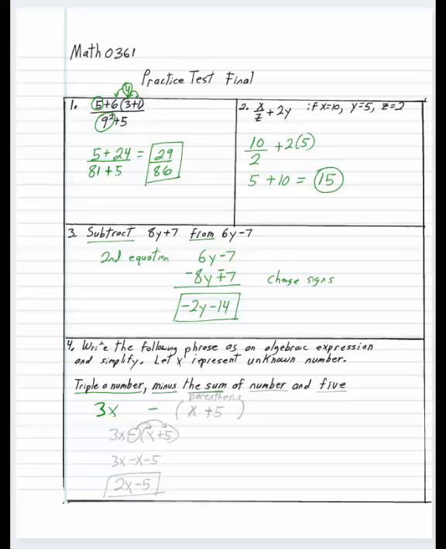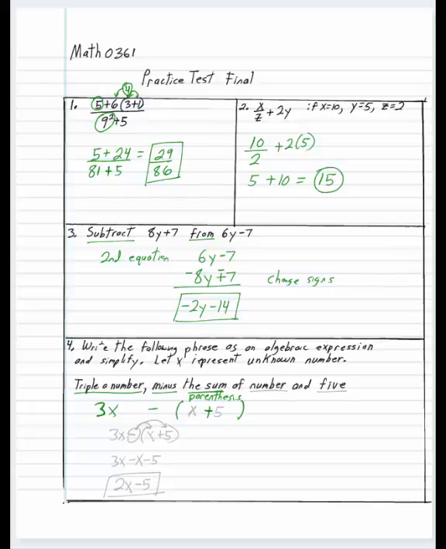The sum. Now this is important. Anytime you see the sum, put in parentheses. And inside parentheses, put a plus sign. The numbers that will come before and after the plus sign, we'll read on and find out what those numbers are.